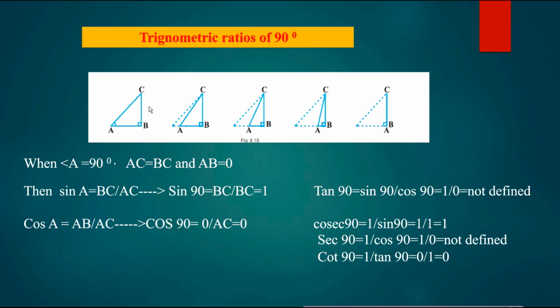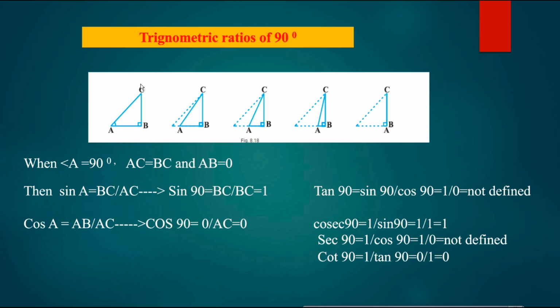What is sin A? Sin A is opposite by hypotenuse, BC by AC. When A equal to 90 degree, sin 90 equal to BC by AC. Here BC becomes AC when A is 90 degree. So sin 90 equal to BC by BC equal to 1.